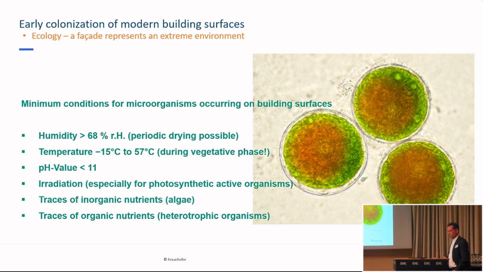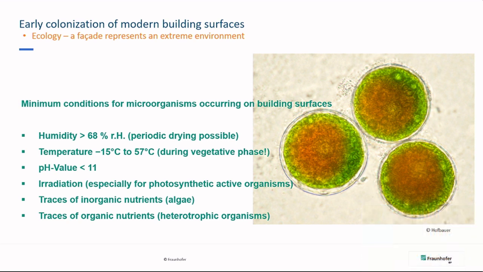Well, and to the overall conditions, so you must imagine that a surface like a masonry, a building surface, is kind of an extreme environment. We have huge changes in moisture, we have considerable changes in temperature, and all these things, and we might also have extreme pHs.